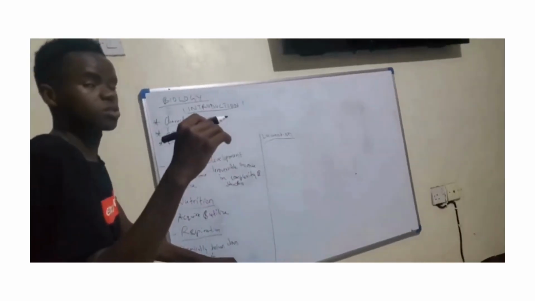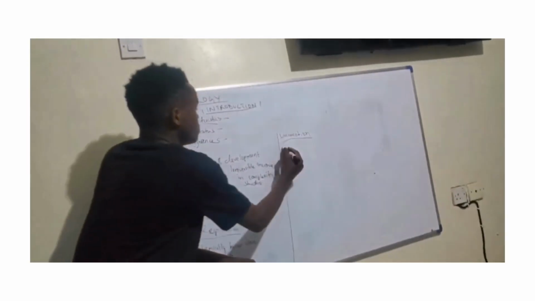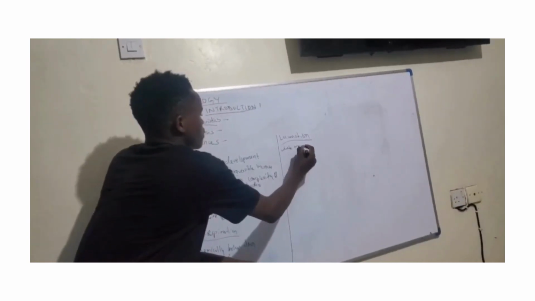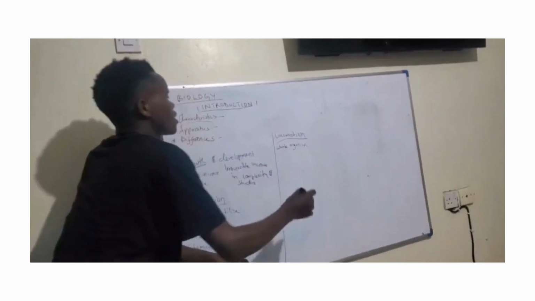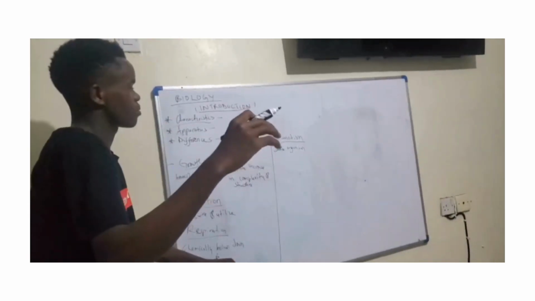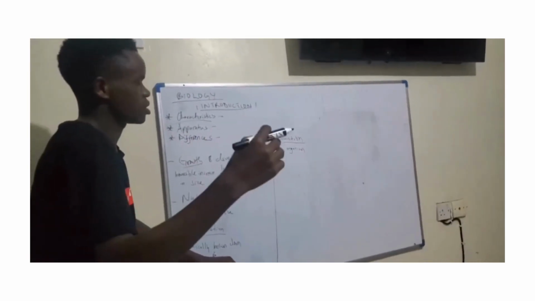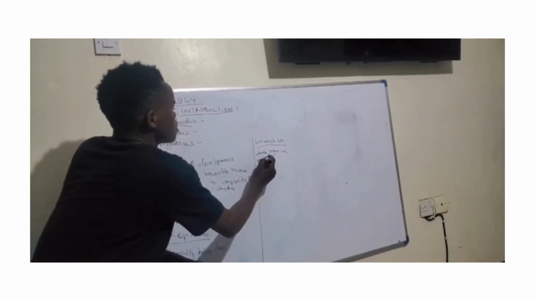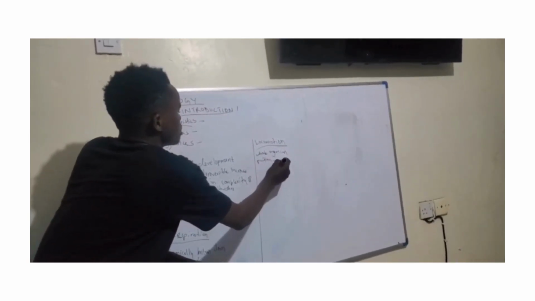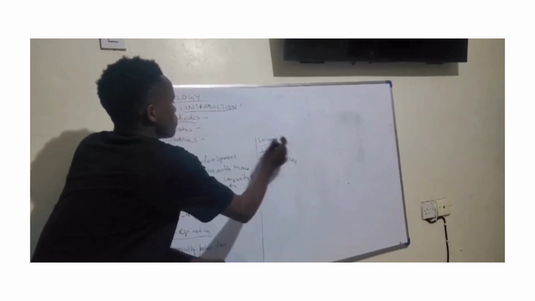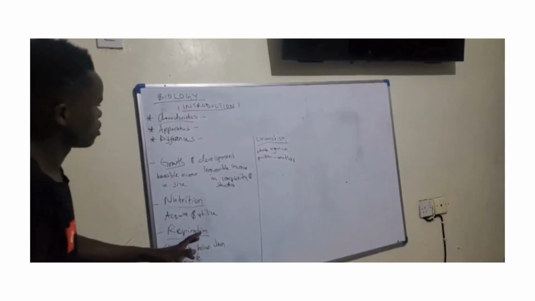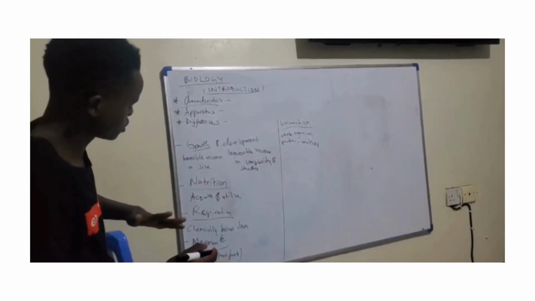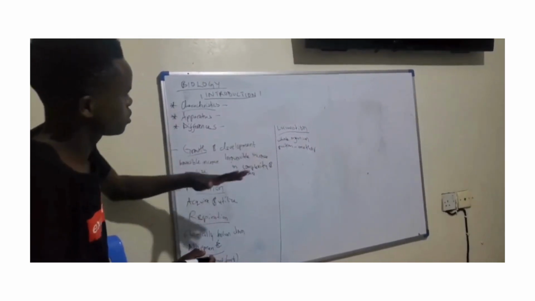It is the change in position of a whole organism from one position or from one geographical location to another. That's now about locomotion. Now moving on, we've covered growth and development, nutrition, respiration, movement, locomotion.